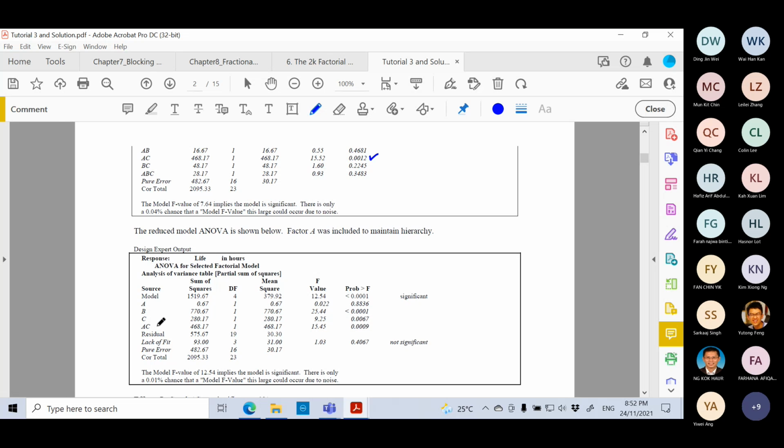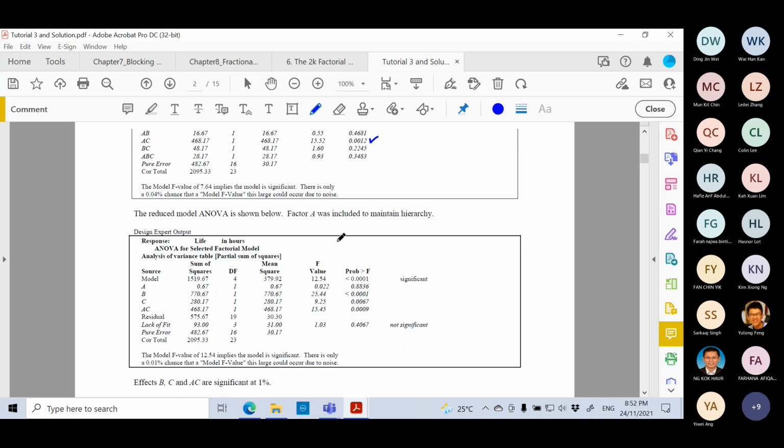But you still can put it inside. I will inform you during the modeling part, but we never have one final answer on which one is good. Of course, we can use different criteria to judge whether we need to include A or not.